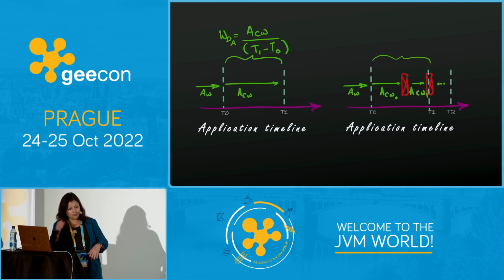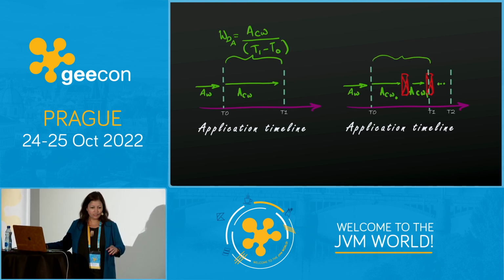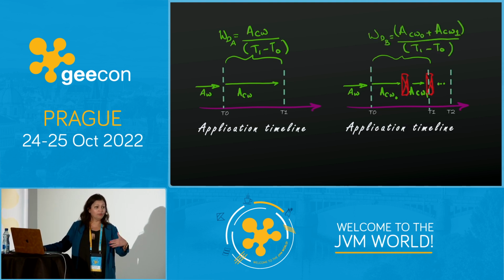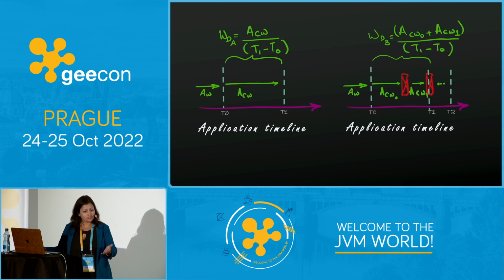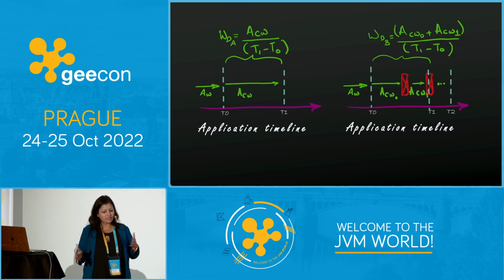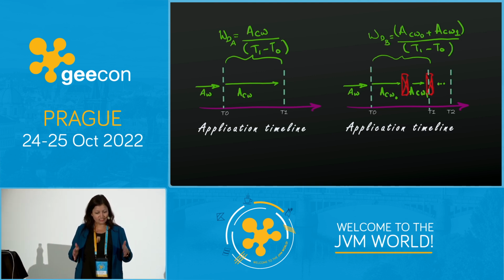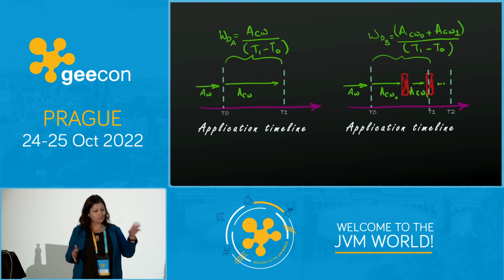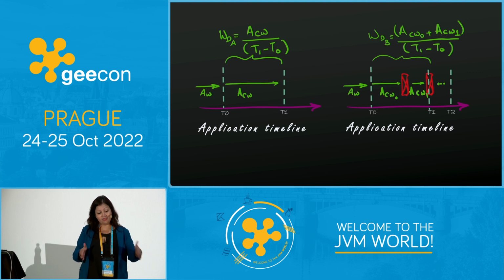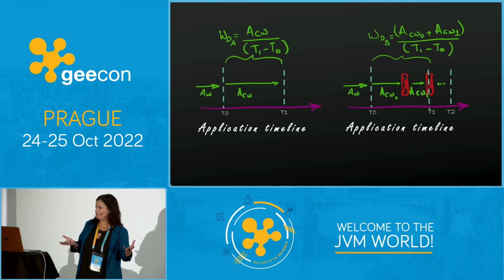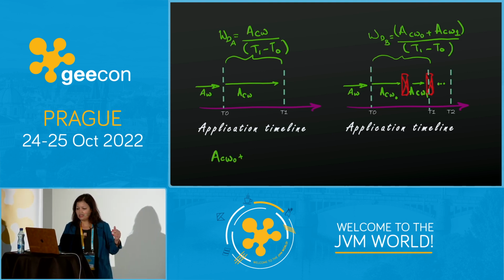What happens to the other one, application B? Remember, we're measuring the same time period, T0 to T1, to be able to compare them. Application B, unfortunately, could only do part of the work between T0 and T1. It could only do ACW0 and ACW1 work when you're comparing them on the same time period, right? So what do we know?